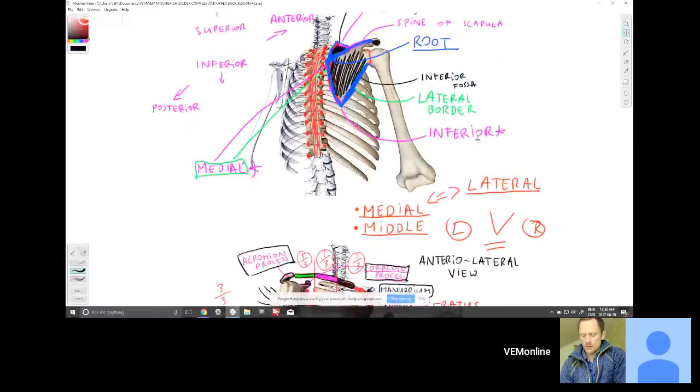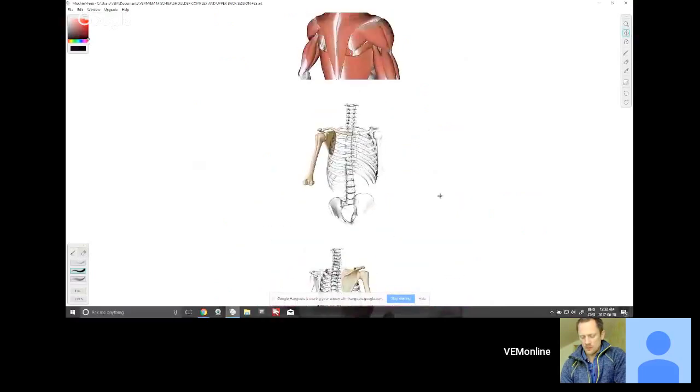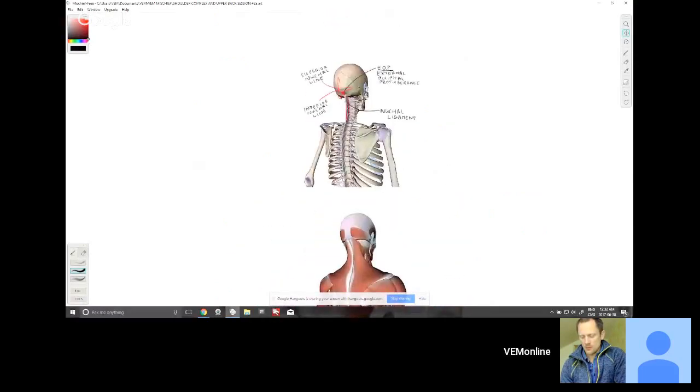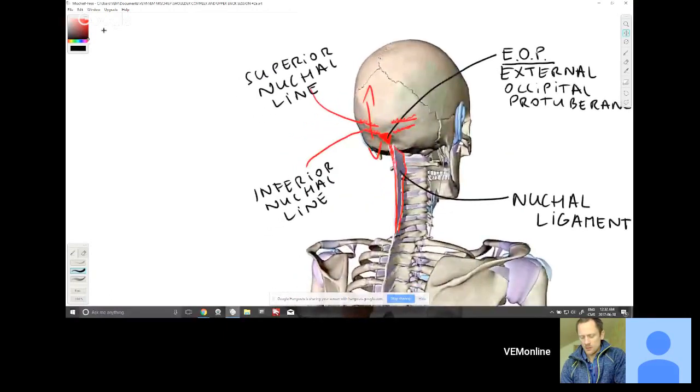Okay, all right. So just to show you right there, this is the occiput, right? This is the occipital bone. That's what I was talking about a moment ago.